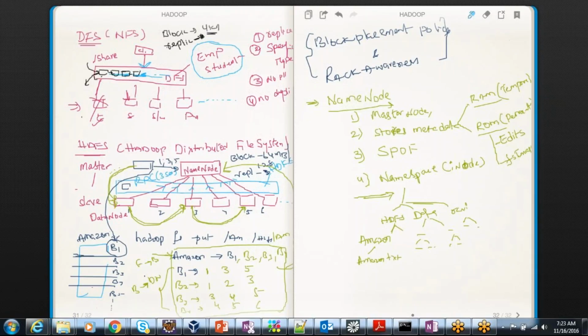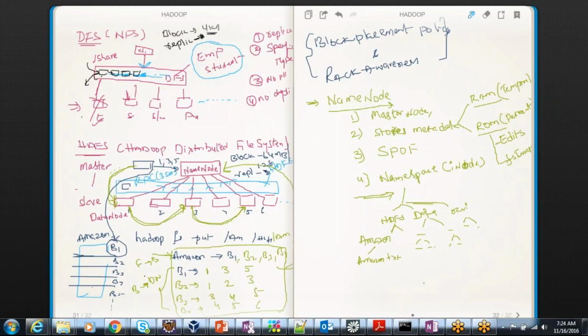Tell me guys, is everyone fine with the name node? Harika, Kishore, Sachin, Shravani, Sunil, Anisha. Fine. Anyone else? Sunil, any doubt? No. Okay, it seems I can go with the next one.